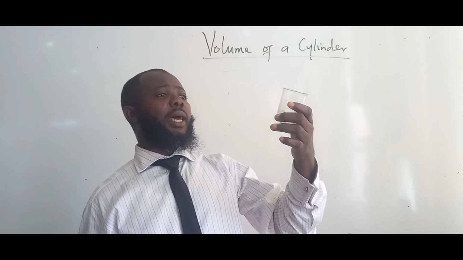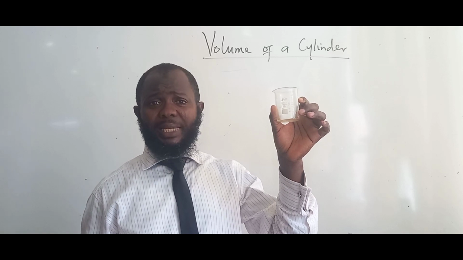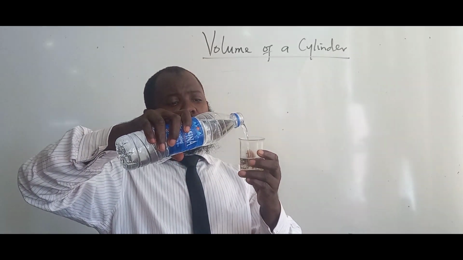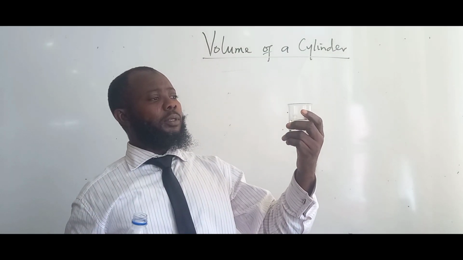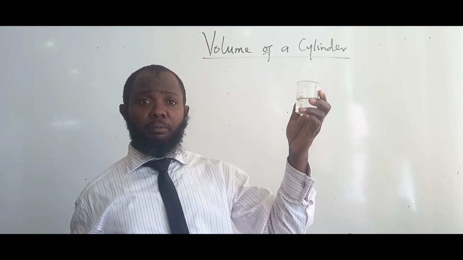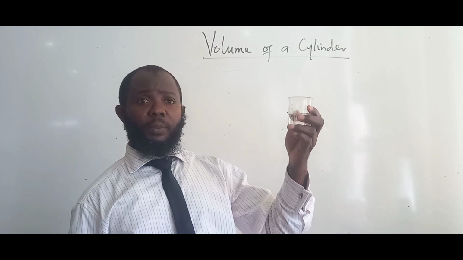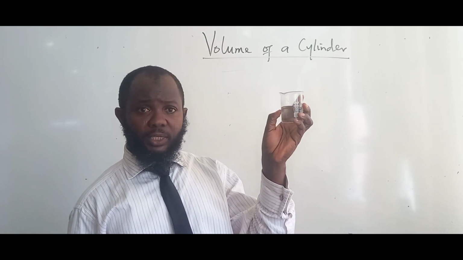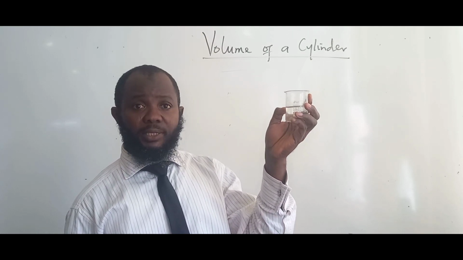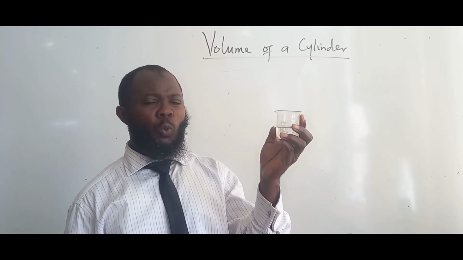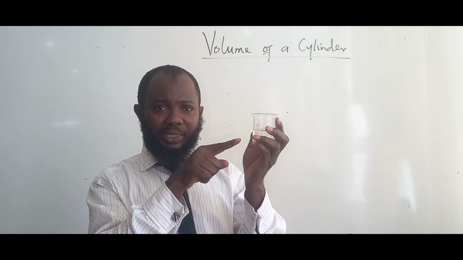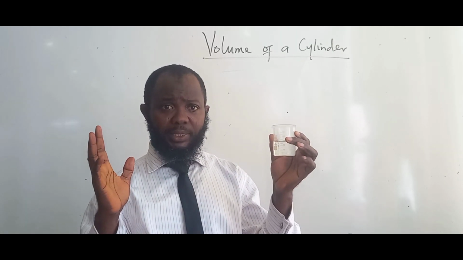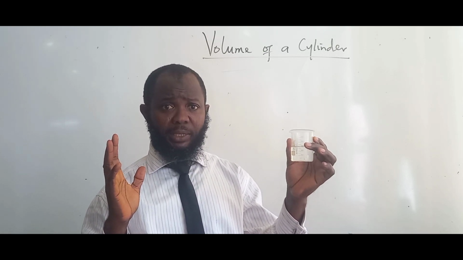This container is 100 milliliters, and I can pour this water into it up to 60 milliliters. So the volume of water I have in this container is 60 milliliters, while its capacity is 100 milliliters. I believe you can differentiate between the two right now.